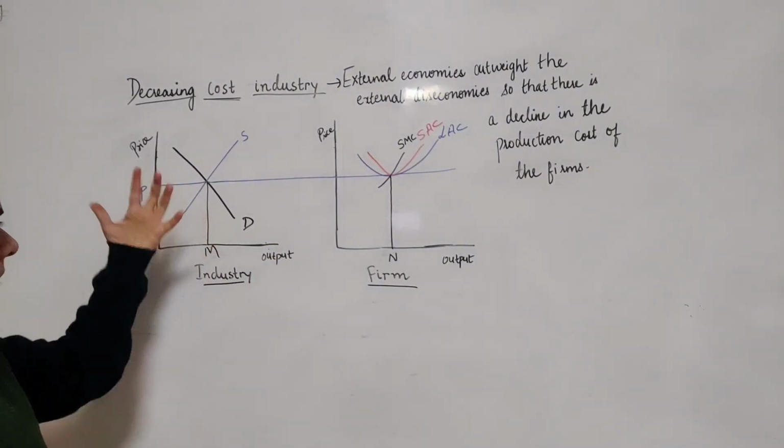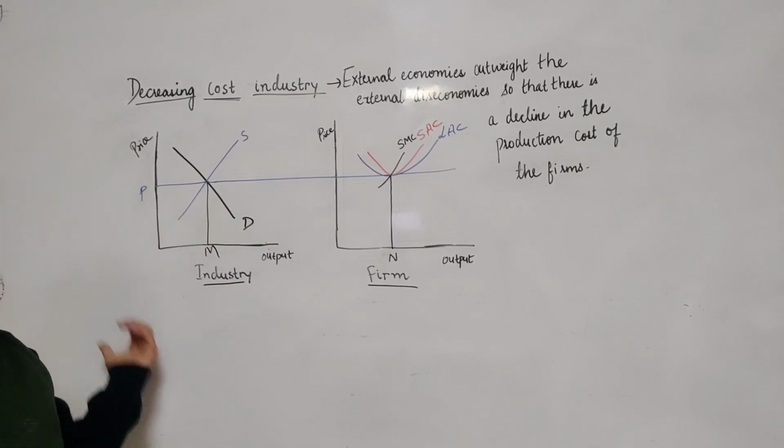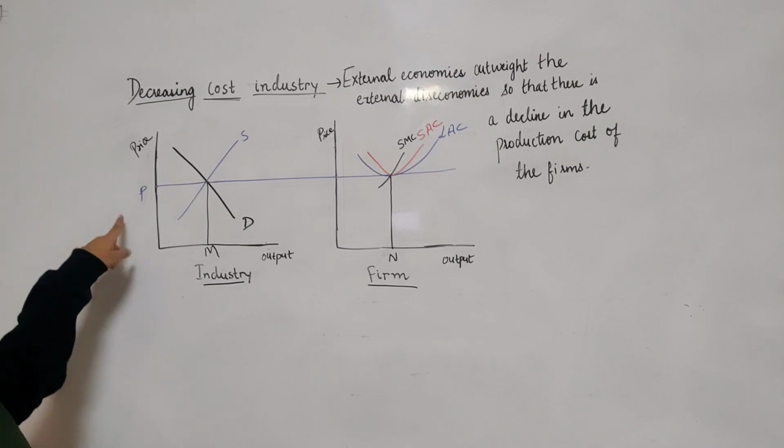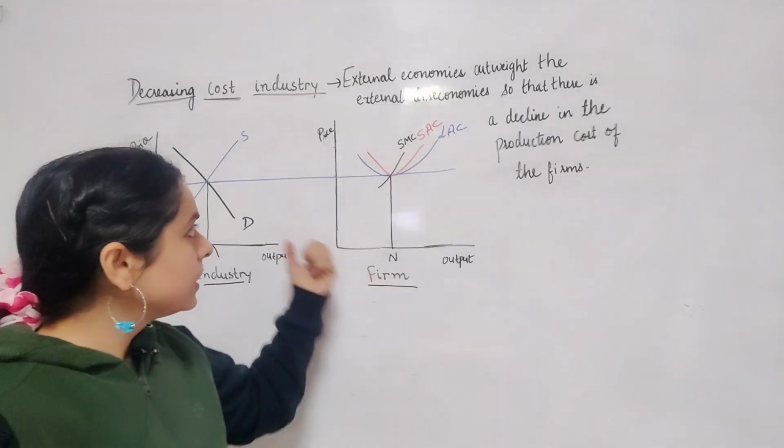So in this case, again, starting from the initial position, the price as determined by market forces of demand and supply is P, and at this price, the firm is earning normal profit.